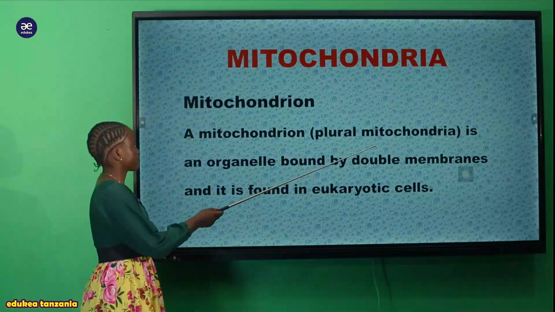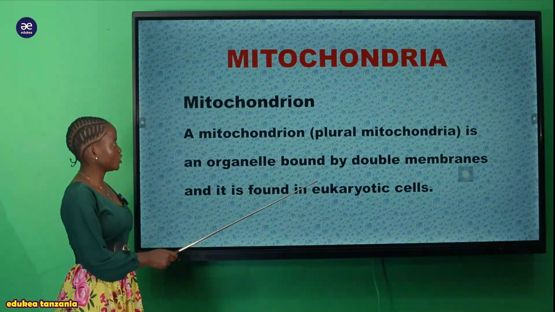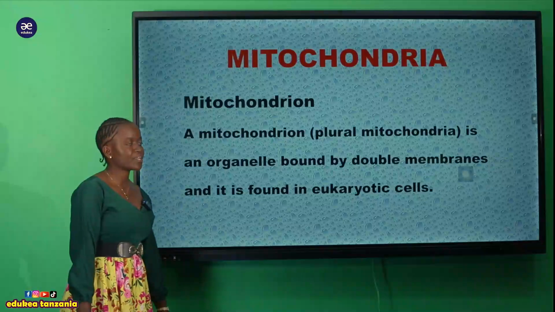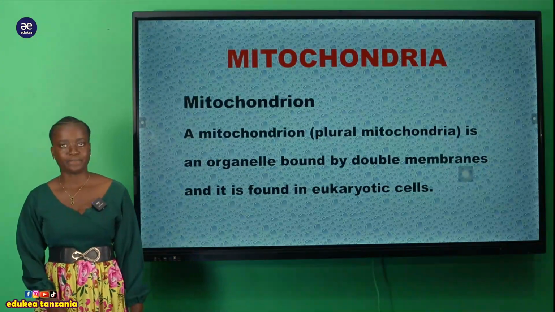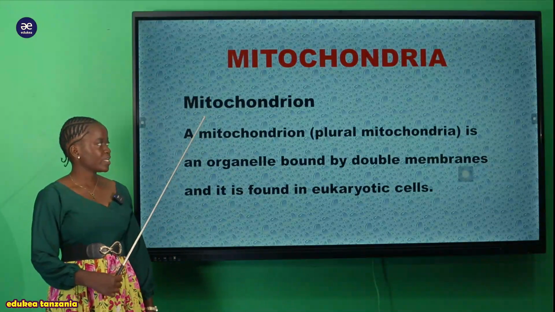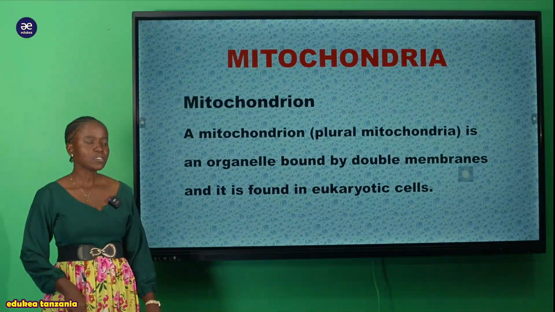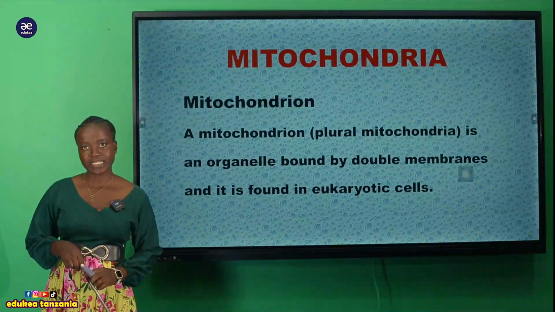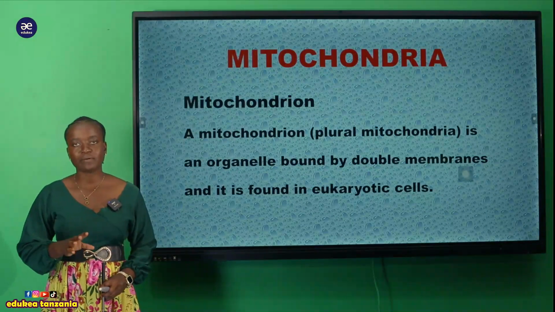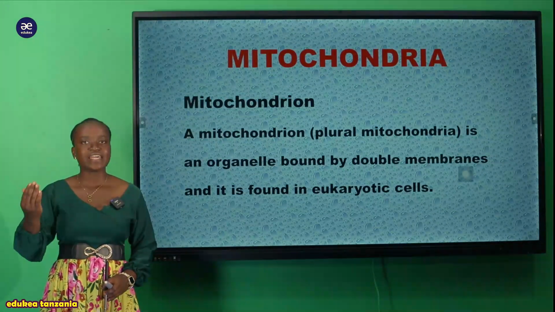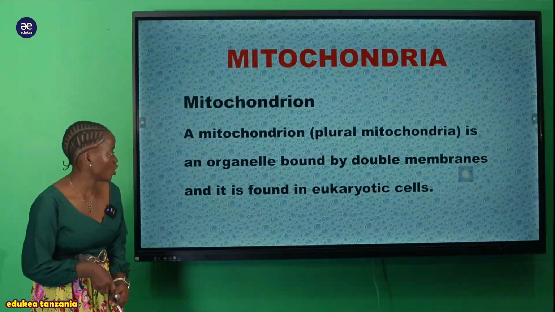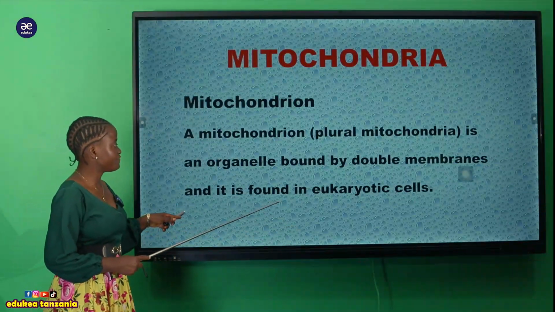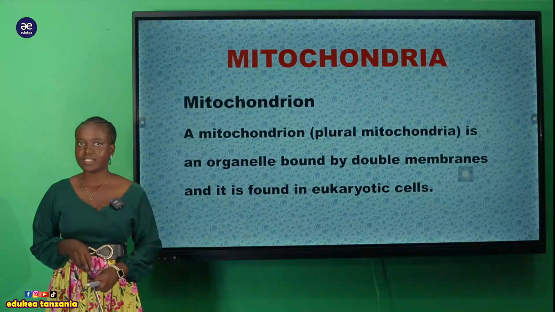It is an organelle bound by a double membrane, and it is found in eukaryotic cells only. Hii ambayo tunaita mitochondria, tumesema kwamba ni membrane bound organelle. It has a double membrane, kwa maana kwamba inakuwa na layer ya nje na layer ya ndani. Apart from that, this organelle is very important because it is only found in eukaryotic cells.